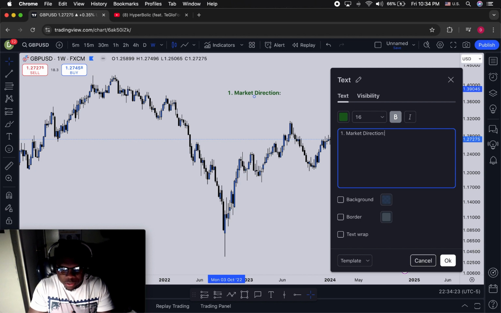So you have market direction. The market can only move in 3 ways. All right? The market can only move in 3 ways. Market can go up. Market can go down. And it can go sideways. Market direction: up, down, sideways.